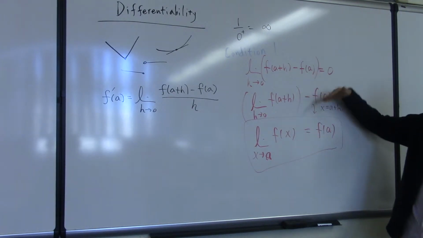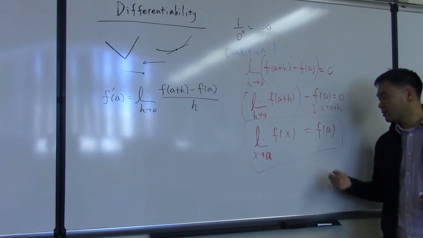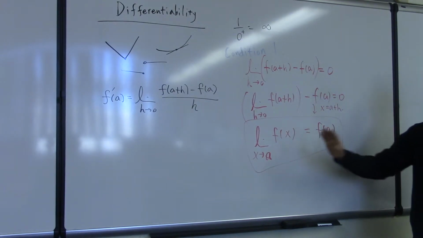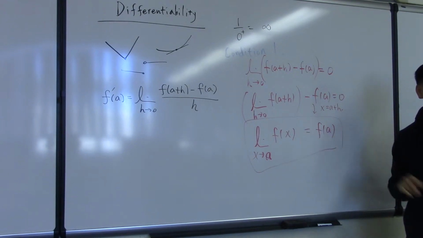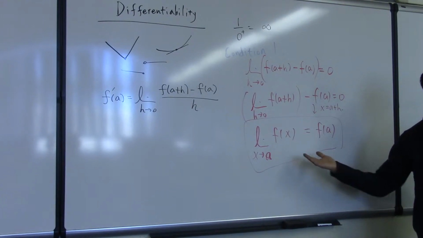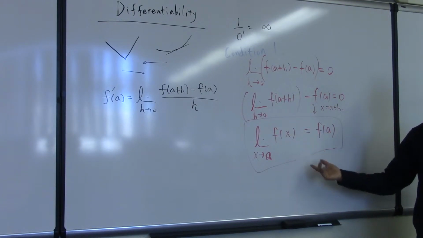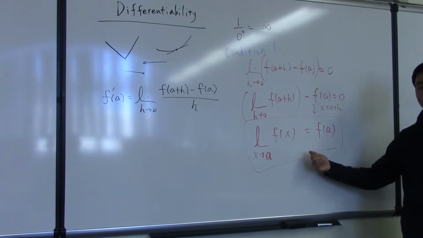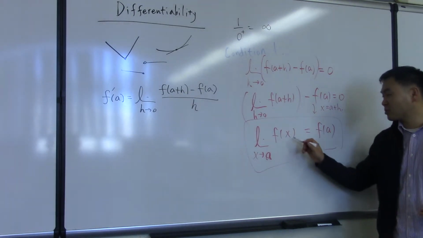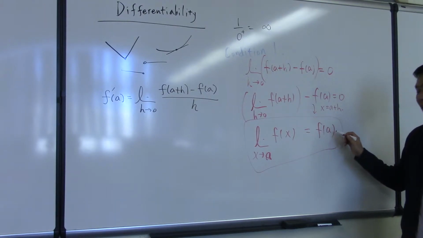Now, is this always true? The limit is equal to the value of the function. Is that true for all functions? No. When is it true? You've seen this condition somewhere. Continuous, thank you very much. This was actually the definition for the function to be continuous at a.